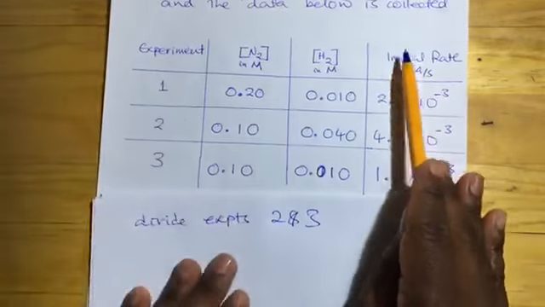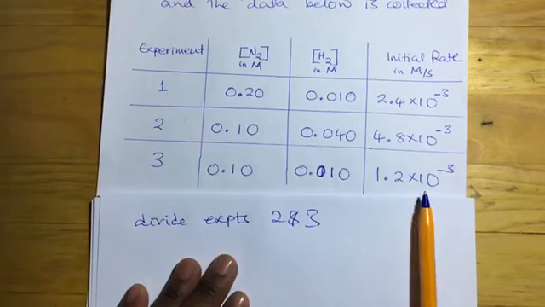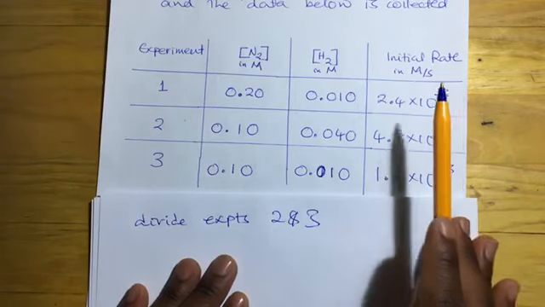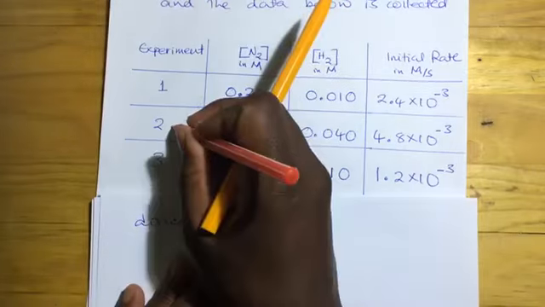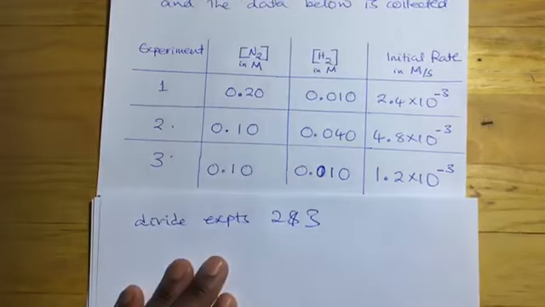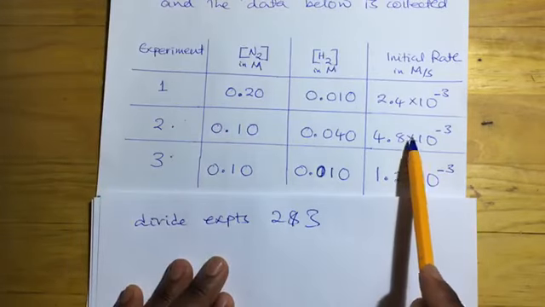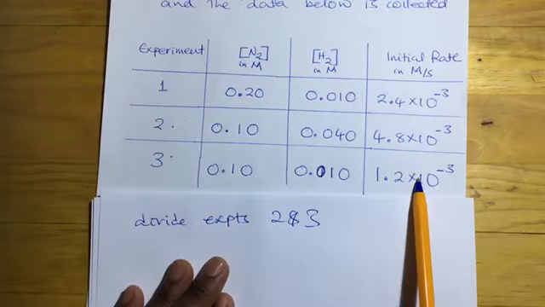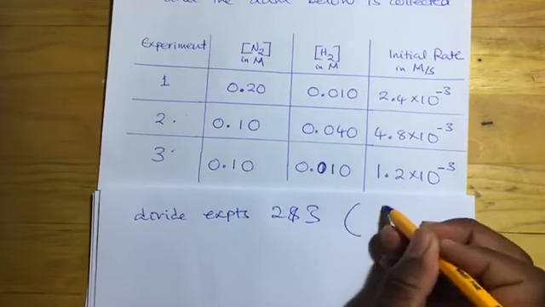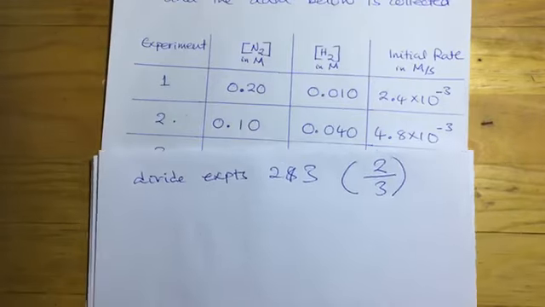Remember, this row is representing rates. We want the experiments with the larger rate to be the numerator. We are starting with experiment 2 and experiment 3. Experiment 2 has a larger rate than experiment 3. So basically, this is going to be 2 divided by 3. I hope you guys are following.